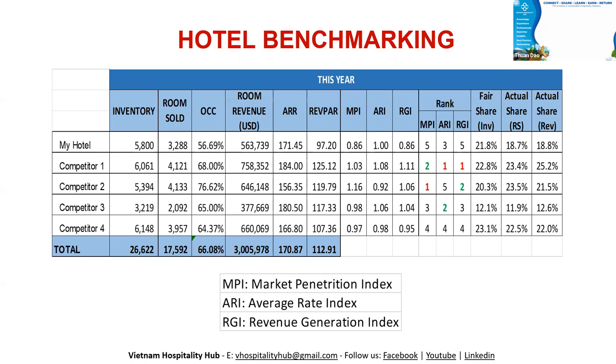But here I'm talking about how you benchmark your hotel against the competitors. Let's say this month you're running 85% occupancy and your ADR is $100, which is really good to you.